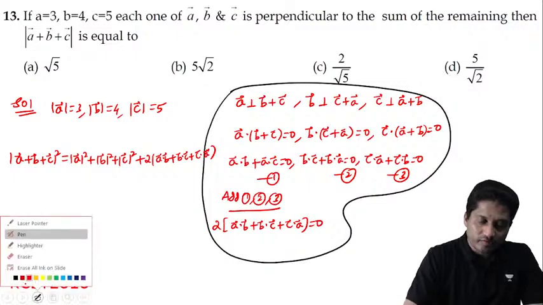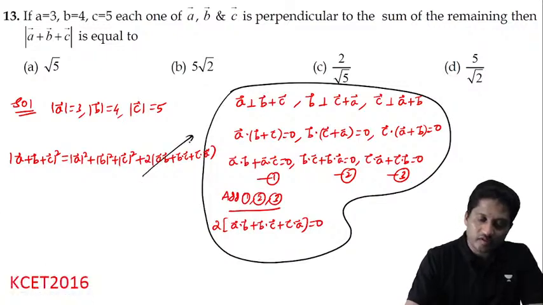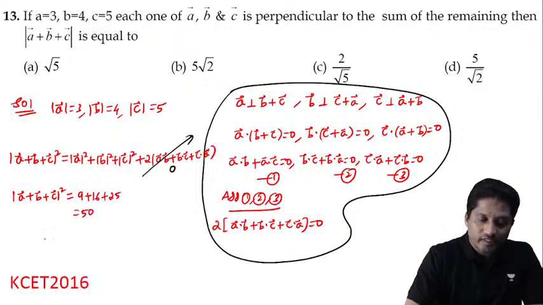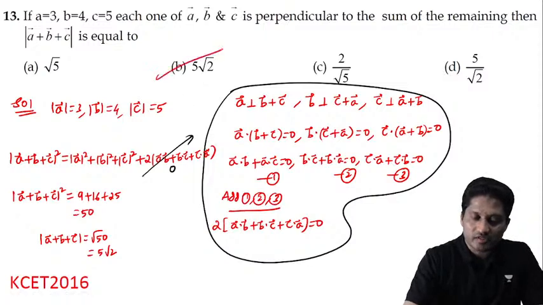Just now I proved that A dot B, B dot C, C dot A sum is 0. So modulus of A plus B plus C whole square is equal to 9 plus 16 plus 25, which is 50. If you take the square root, modulus of A plus B plus C is equal to root of 50. Root of 50 can be written as 5 root 2. Right, answer is option B.